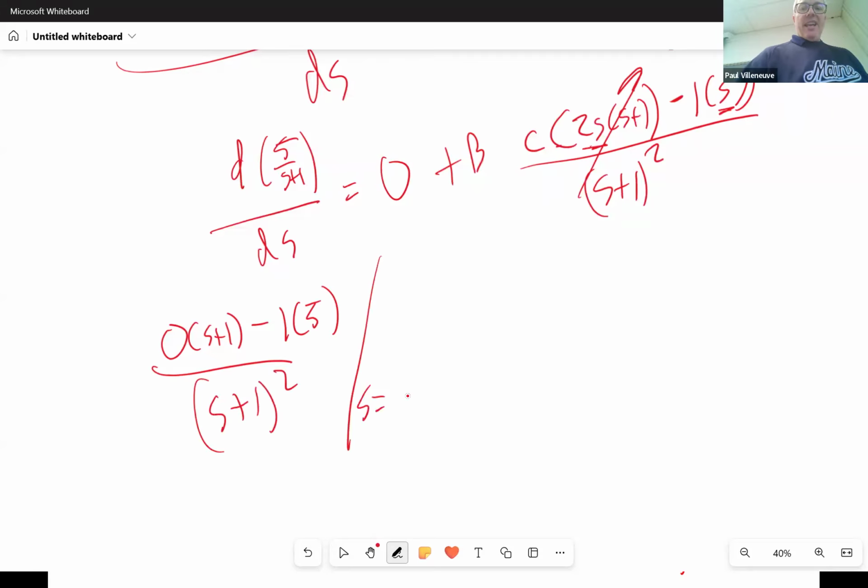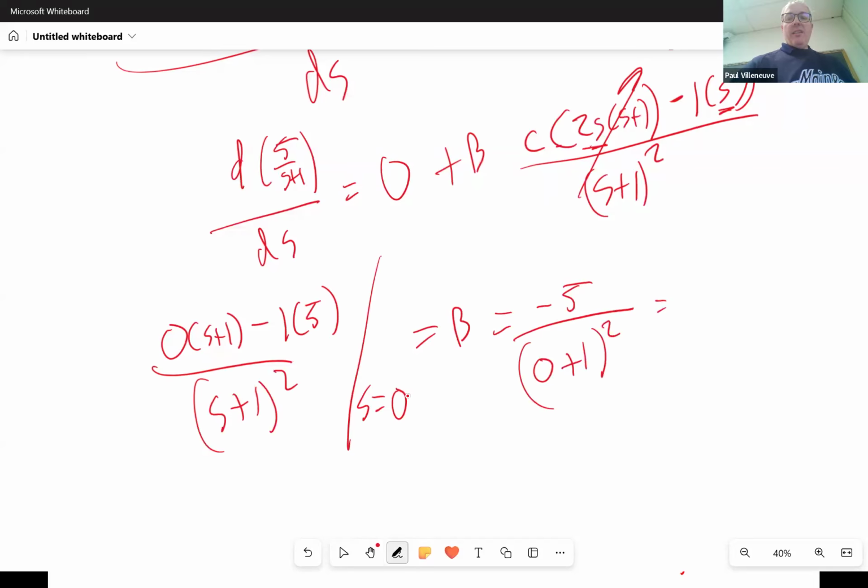And I evaluate that at s equals 0, and that's going to be equal to B, right? So B is going to be equal to -5 over 0 plus 1 squared, which is -5. That's how I do the repeating roots.